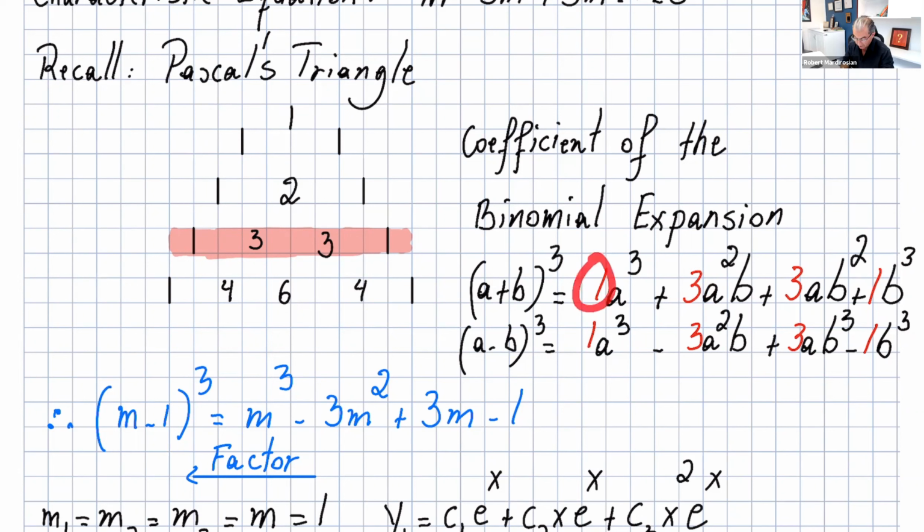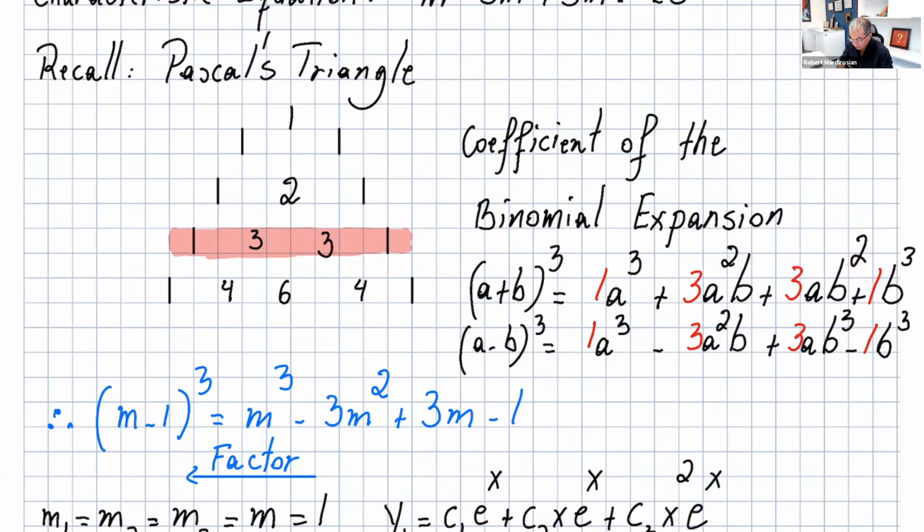The coefficients are pretty straightforward. For the exponents, you start with a cubed, then it goes down by 1 to squared, and you put b; then a is to the power 1, and b goes up, so it's squared, and finally you have b cubed.